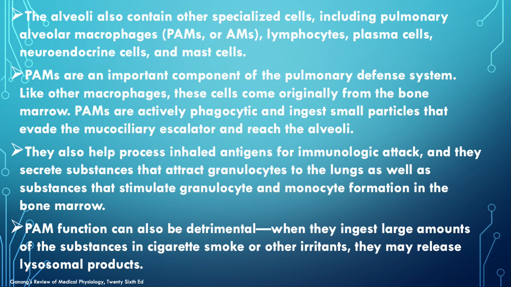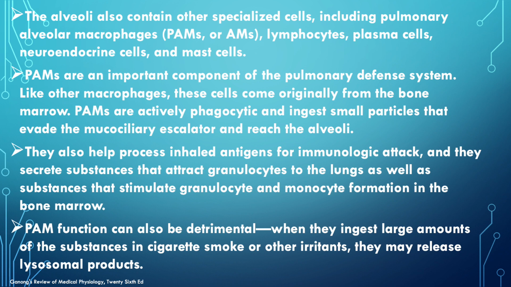The pulmonary alveolar macrophages are an important component of the pulmonary defense system, because when we breathe we sometimes get germs in the air, so we have a defense system in the lung to protect ourselves from a lot of germs and some harmful particles.